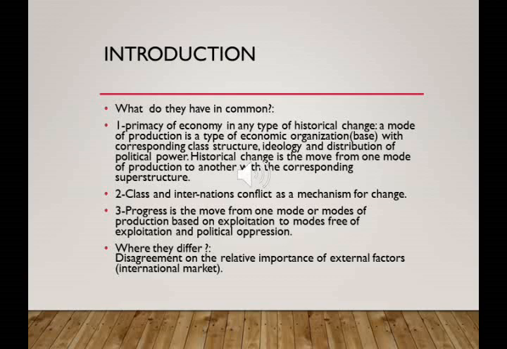So the bourgeoisie was a dominated class under the feudal mode of production. It triumphs in the conflict with the feudal nobility, and therefore this would lead to the demise of the feudal mode of production and the coming of the capitalist mode of production, in which the bourgeoisie becomes the dominant class.